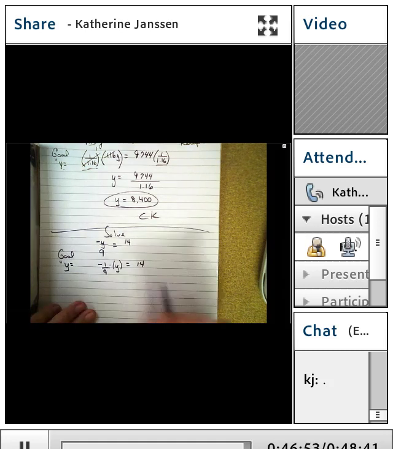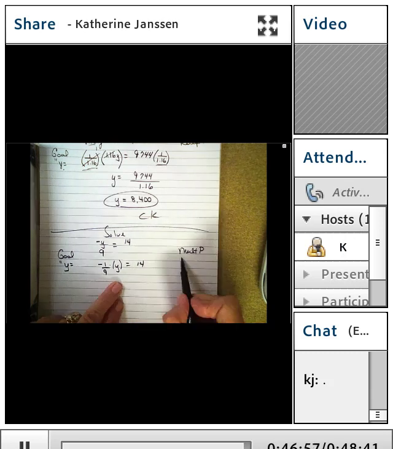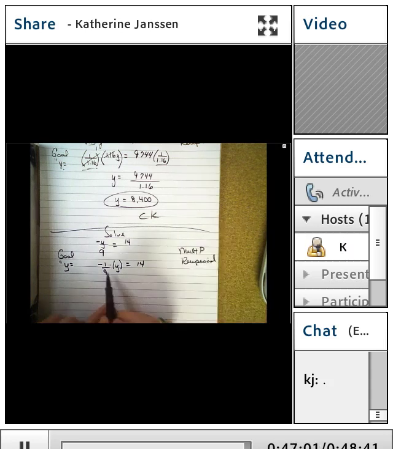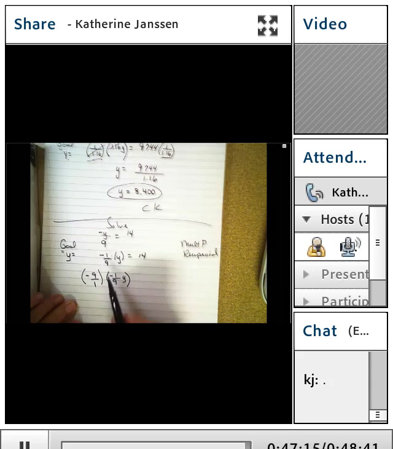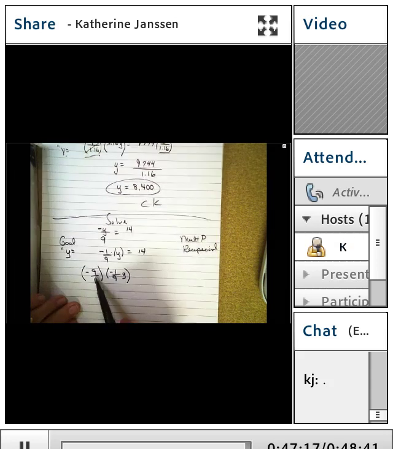I'm going to use a multiplication principle to unwrap y. I'm going to multiply by the reciprocal of the coefficient on the y term. Now the reciprocal of negative 1/9 is flip it and keep the sign. So my reciprocal is negative 9 over 1.